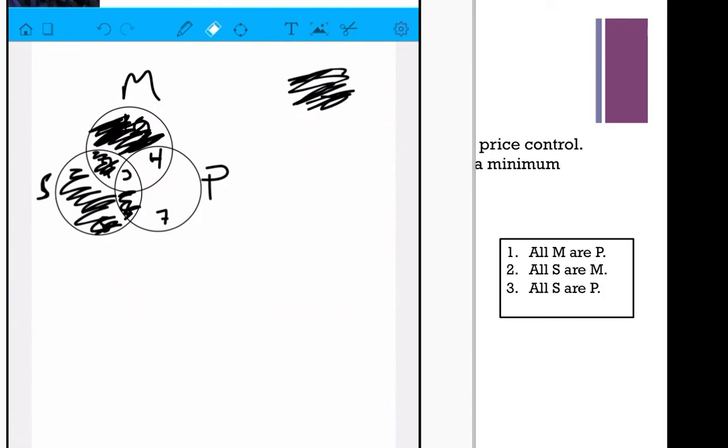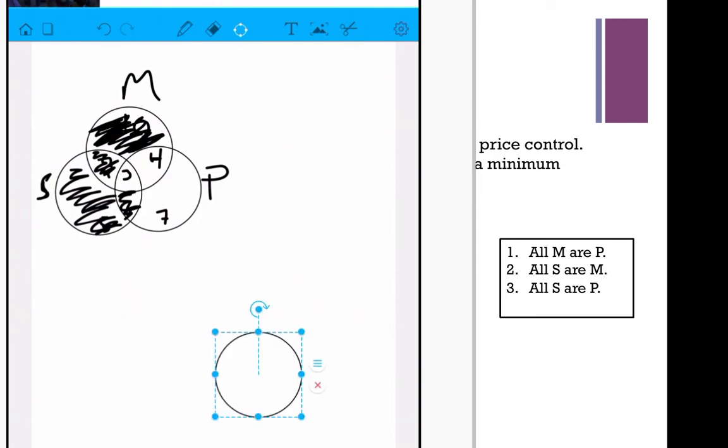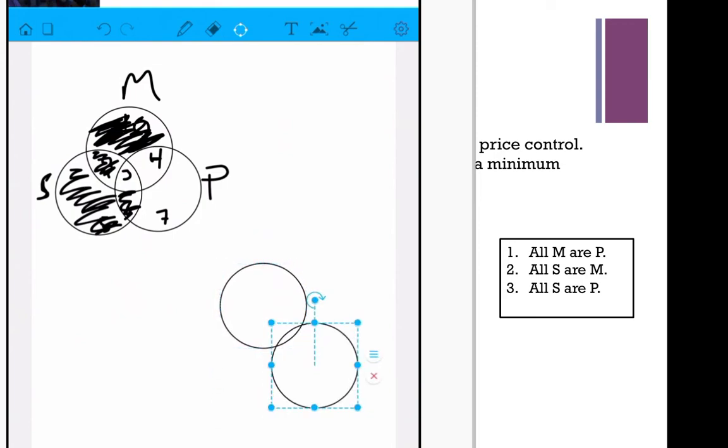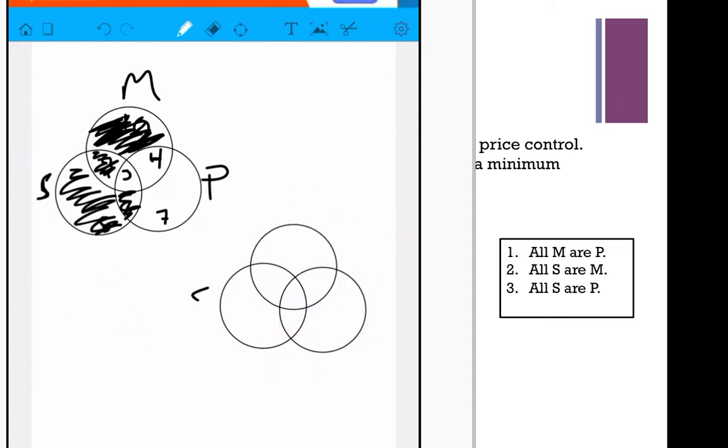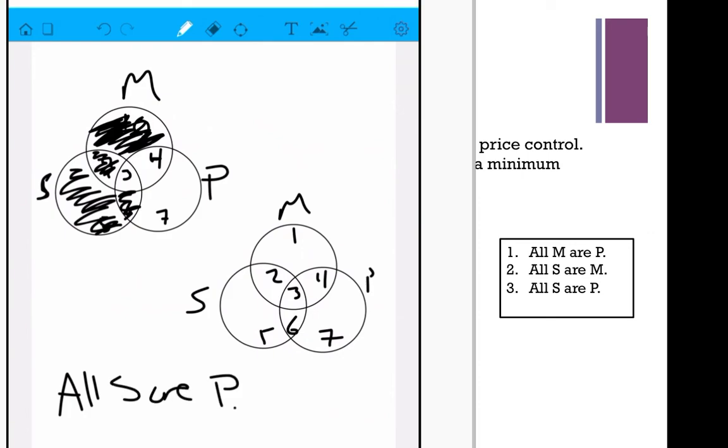All right, so now we come to the conclusion. This is what we're going to do last. And just like before, I didn't give myself enough space. So we're going to do the conclusion. S, M, P, 1, 2, 3, 4, 5, 6, 7. And the conclusion says all S are P. And let's see, S is region 2, 3, 5, and 6.